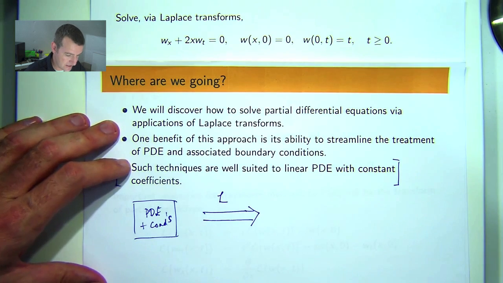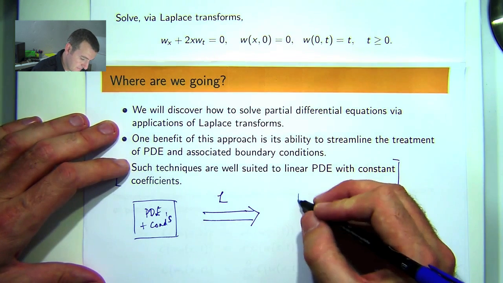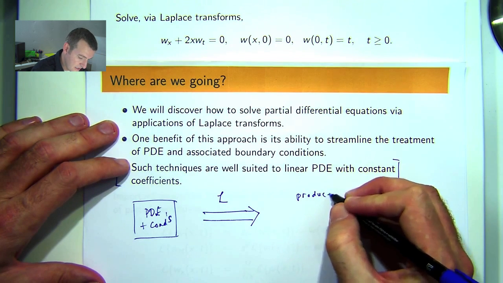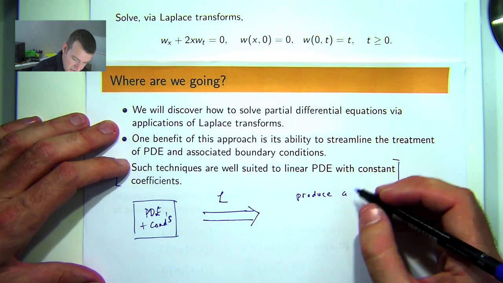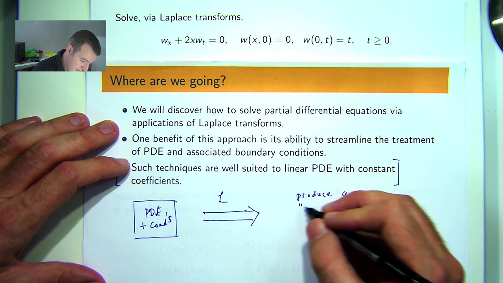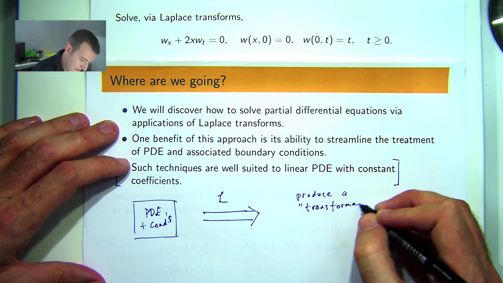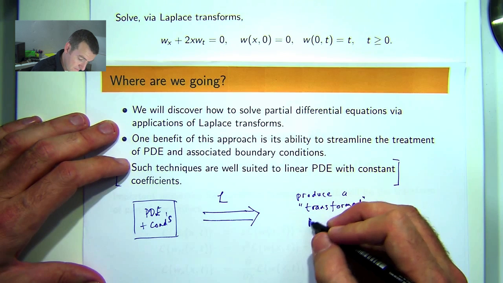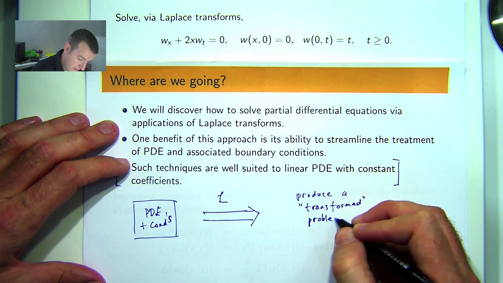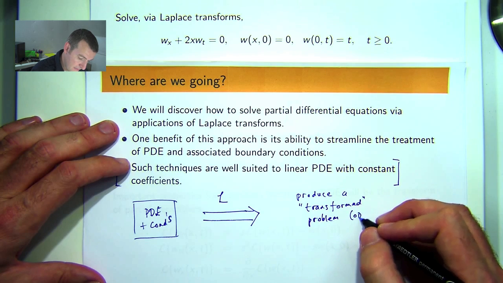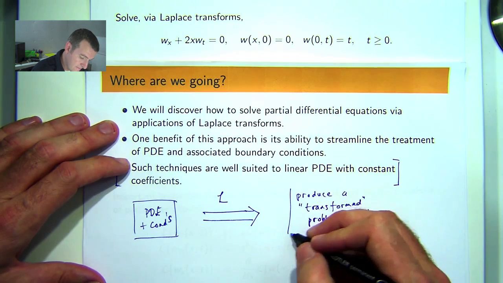Here I've denoted it by this curly L. And what you do is you produce a transformed problem, usually an ODE.